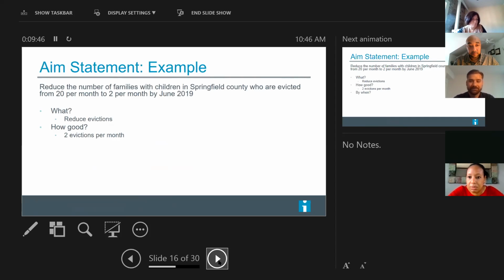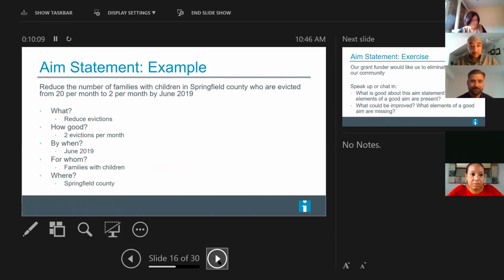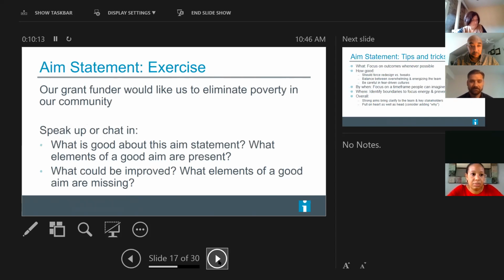So we're going to go from 20 per month to 2 per month. By when? Hopefully that one's an easy one. June 2019. Thank you, Kathy. And for whom? Families with children in Springfield County. Perfect. And then where is in Springfield County. So you can see the elements there just as an example.